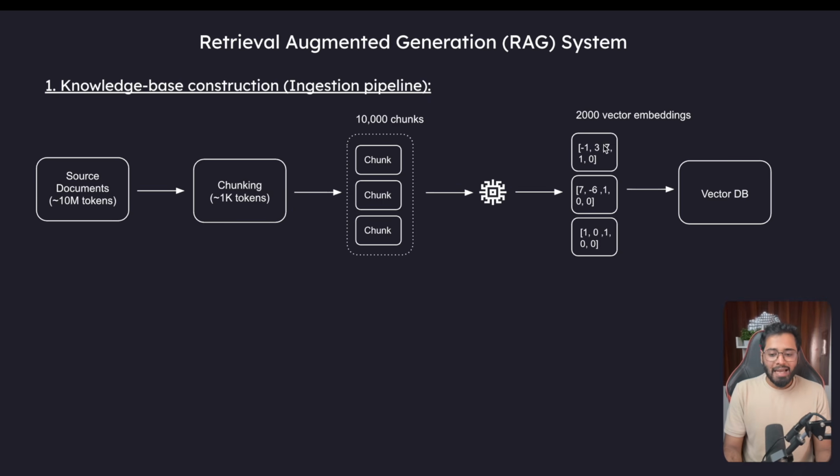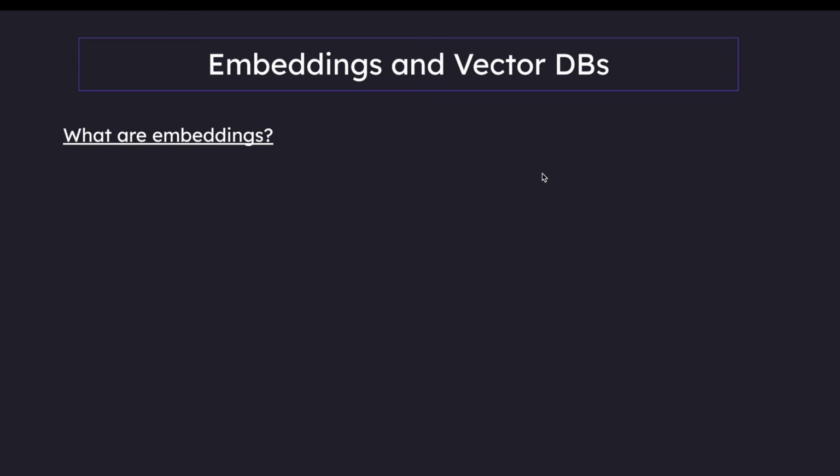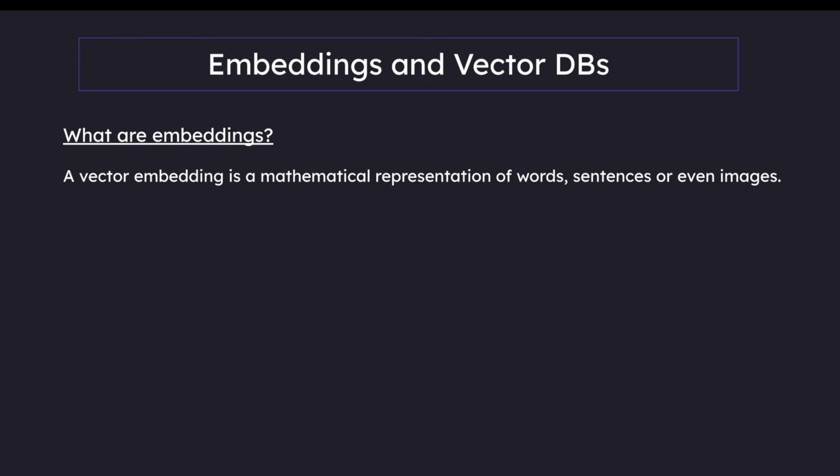So what exactly is this mathematical representation? This is a pretty crucial concept that we will have to learn as full stack AI engineers. So let us dive deep into what embedding models are, what these vector embeddings are, and why we even do this. So what are embeddings? A vector embedding is a mathematical representation of words, sentences, or even images.